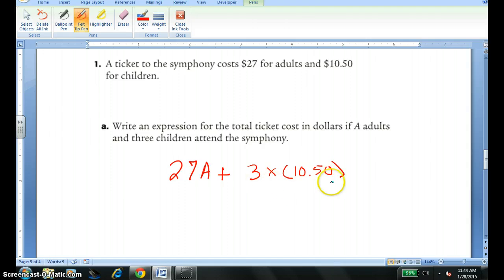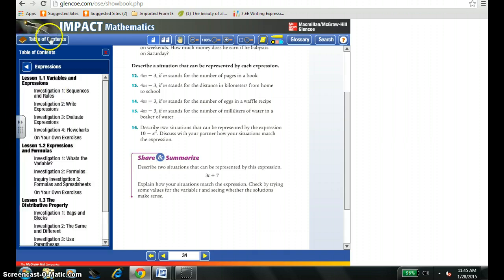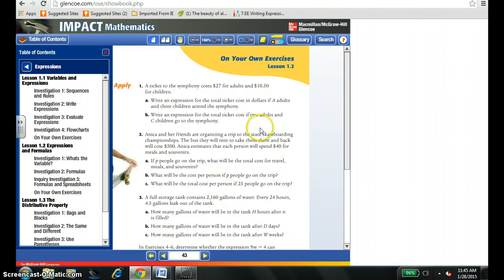So again, you'll do the math on this, and then this is it. This will give you the expression. You don't have to figure out how much the whole thing costs because you don't know how many adults are there. And if I look at the next question, here it is.